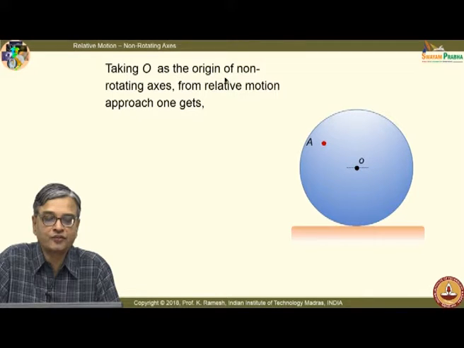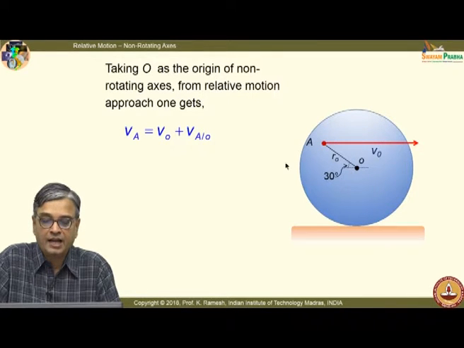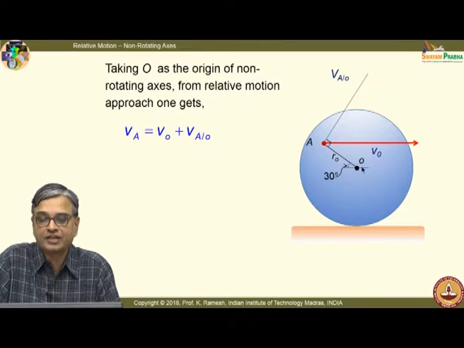Taking O as the origin of the non-rotating axes, from the relative motion approach, one gets V A equal to V O plus V A/O. I have this distance fixed, the angle is given as 30 degrees, and I am given the velocity V O in the problem statement, that is horizontal like this. And you know very well from our discussion on relative motion, the relative velocity, when I attach a translating axis at O, has to be perpendicular to this.